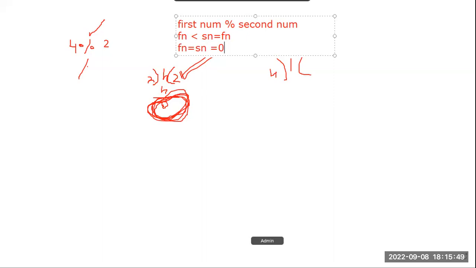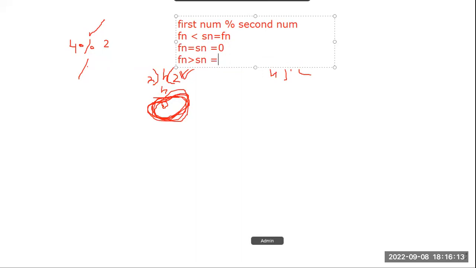First time the value was 0. 0 mod 4, 0 only. 1 mod 4, 1 only. 2 mod 4, 2 only. 3 mod 4, 3 only. But 4 mod 4 will become 0. Then if the first number goes greater than the second number, it will display the remainder. How much is the difference there?